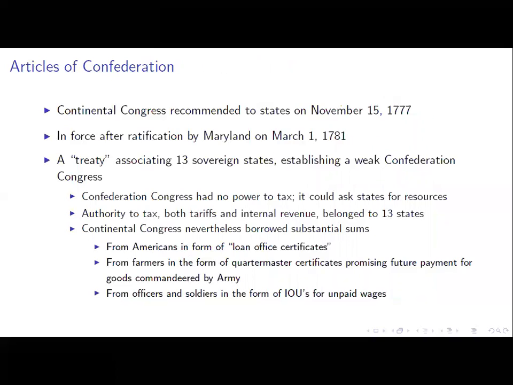Now, during this period, the organizing principle for the government is the Articles of Confederation. When I teach a version of this class, a very different version, to undergraduates, no dynamic programming there, but you mention the Articles of Confederation, and a lot of American students all groan.